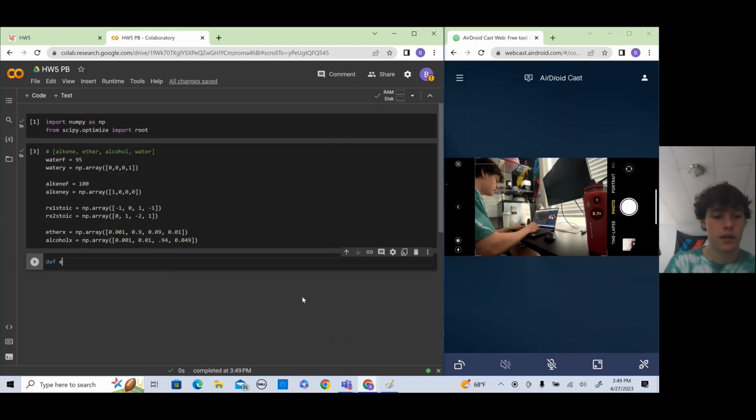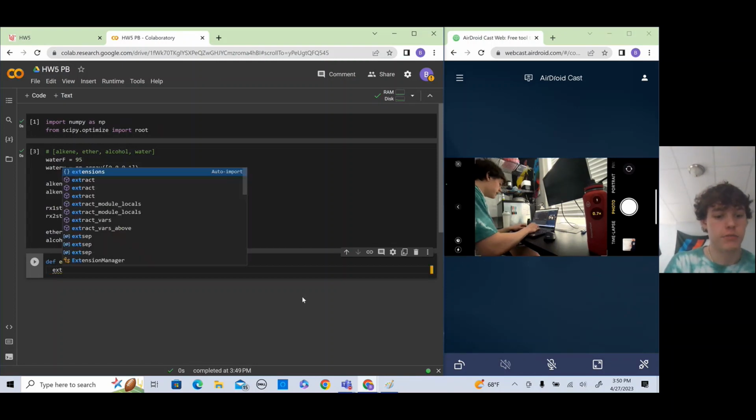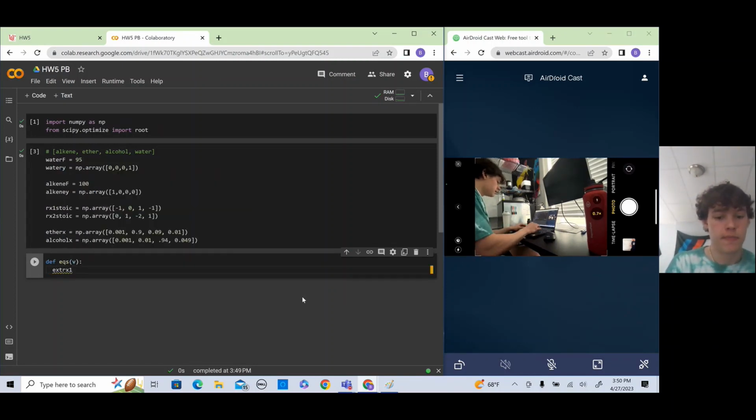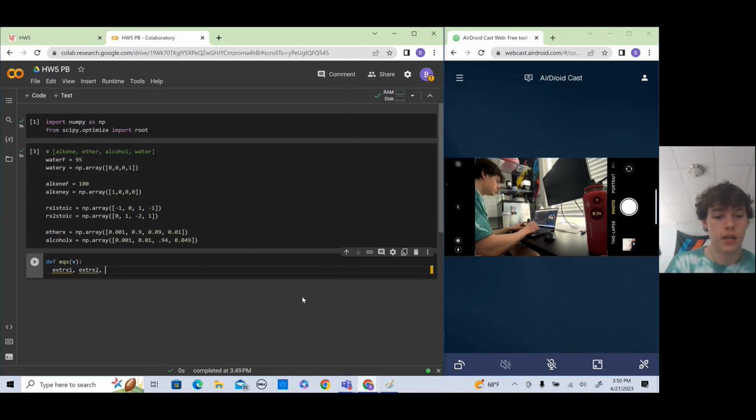So our equations will be a vector. Now we can unpack that vector into what we want: our extent of reaction 1, our extent of reaction 2, our ether product, and our alcohol product.